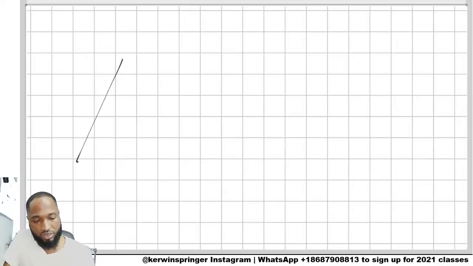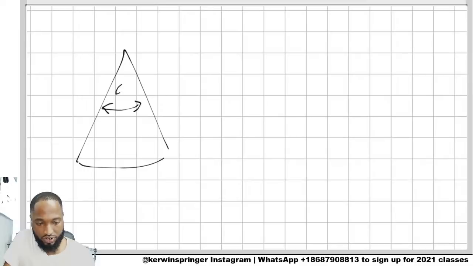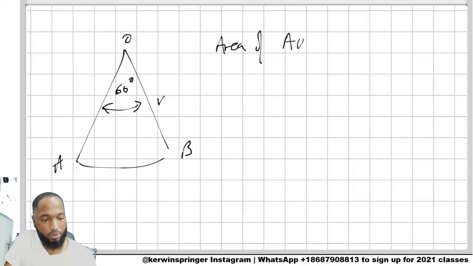And here's the next question they send as well. This is 60 degrees. This is R. What is the area of the piece of CSEC? Area of AOB. This is called a sector. What's the area of AOB? Now they didn't give you anything exact, they're giving you like this.